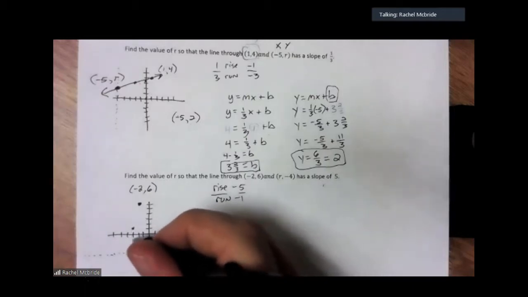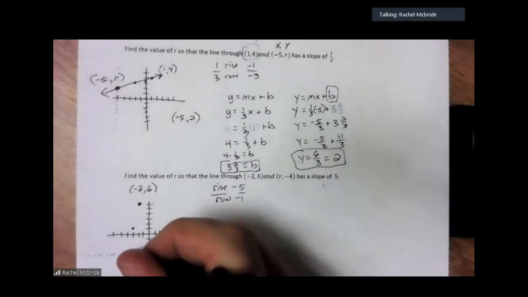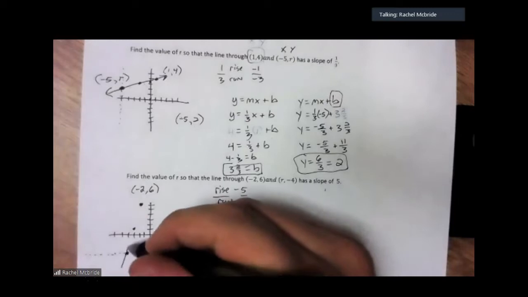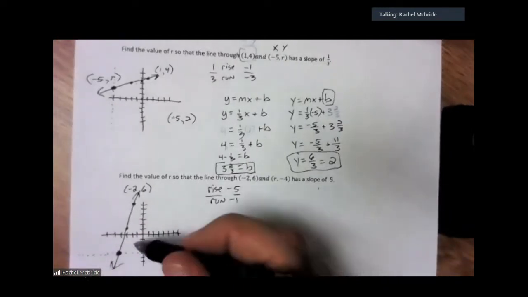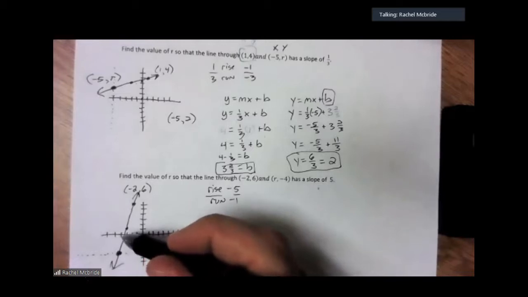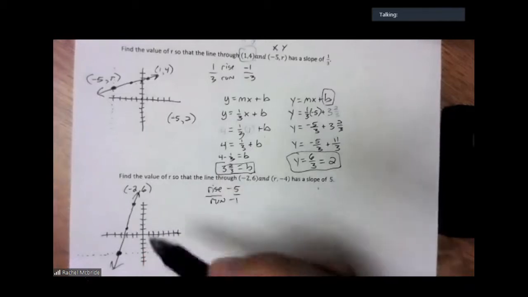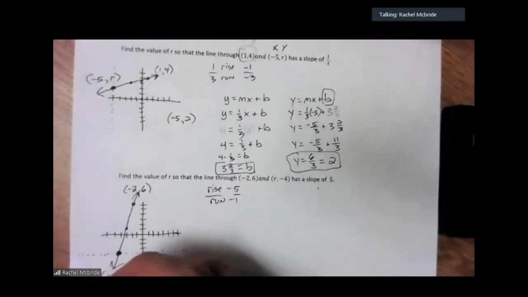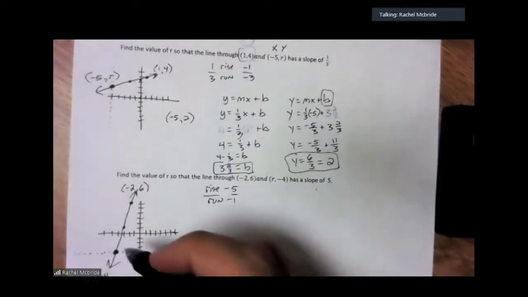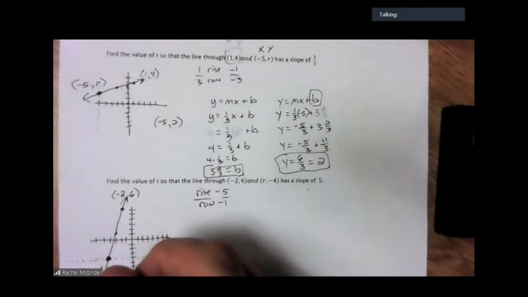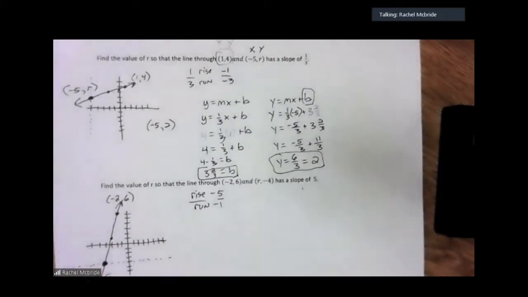There's 1, 2, 3, 4, 5, and then left 1. That would be right here. And all of a sudden, you see a line that pops up that goes right there, and it goes through my points. So I could look for this point right here, which looks like it's going to be 1, 2, 3, 4, -4, and then also at -4. So that's the point I'm expecting.